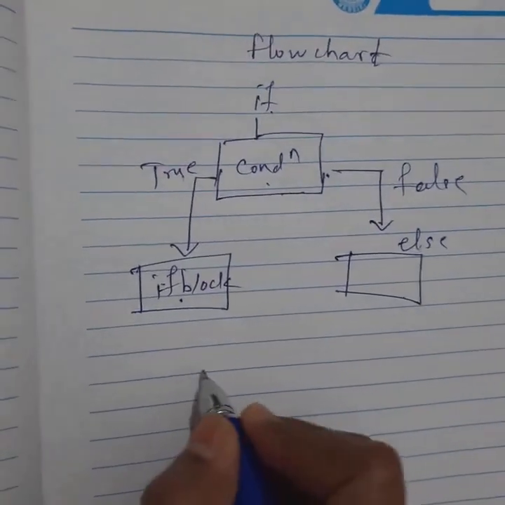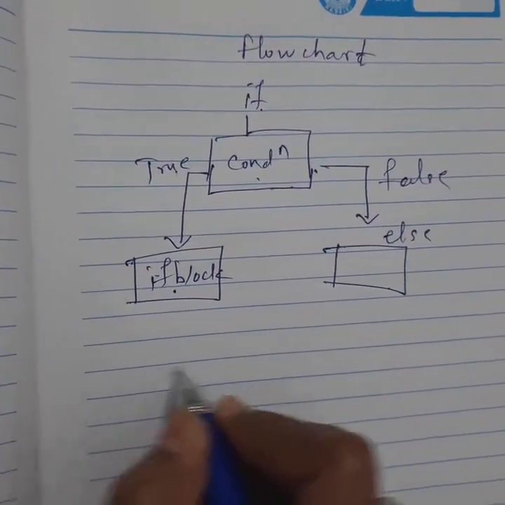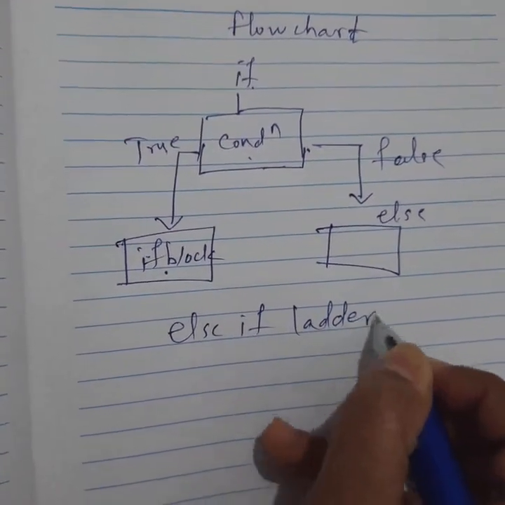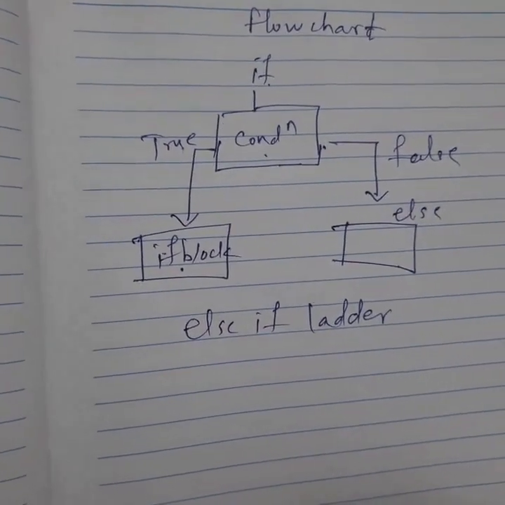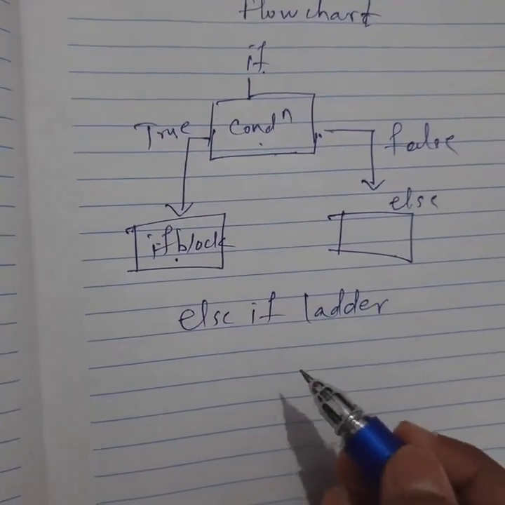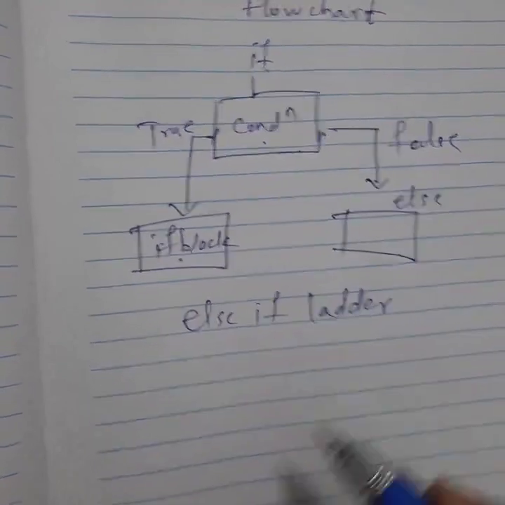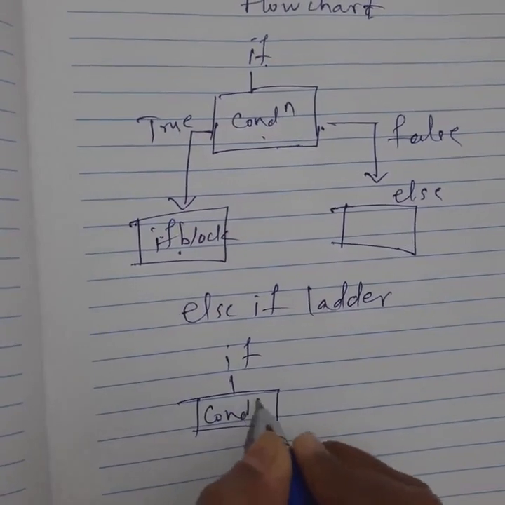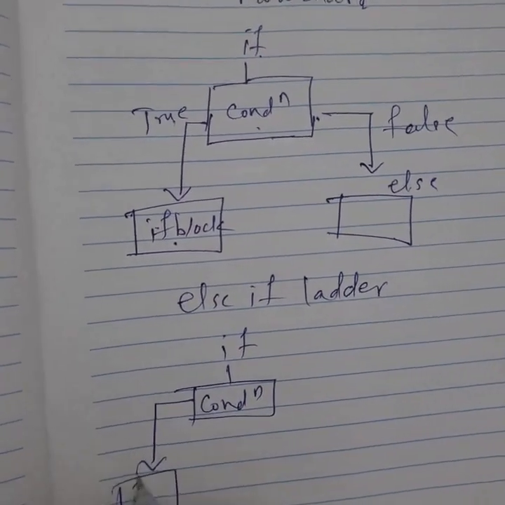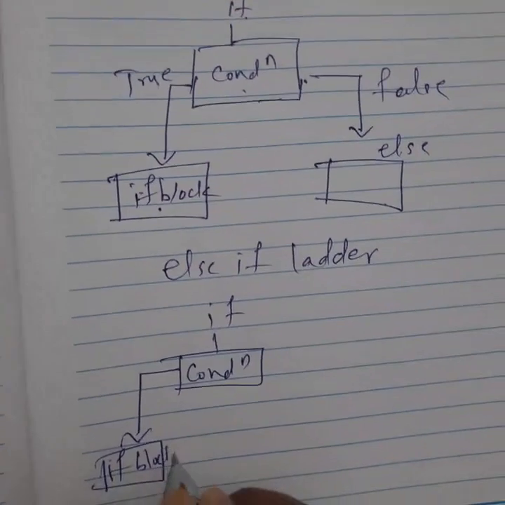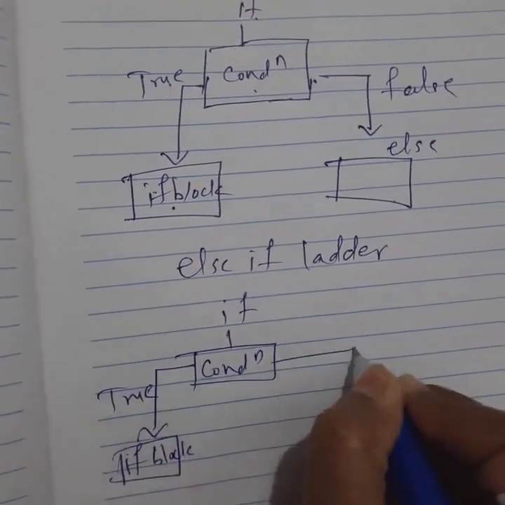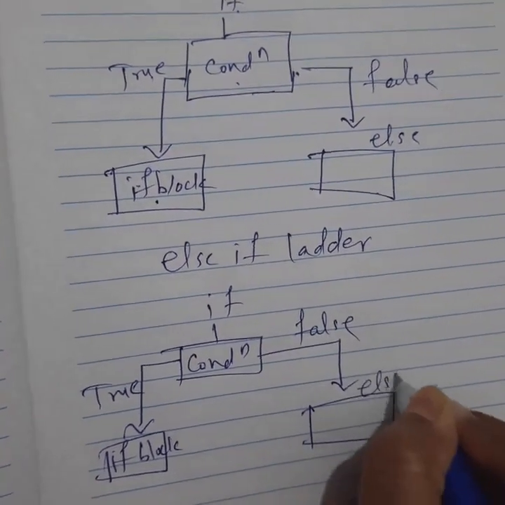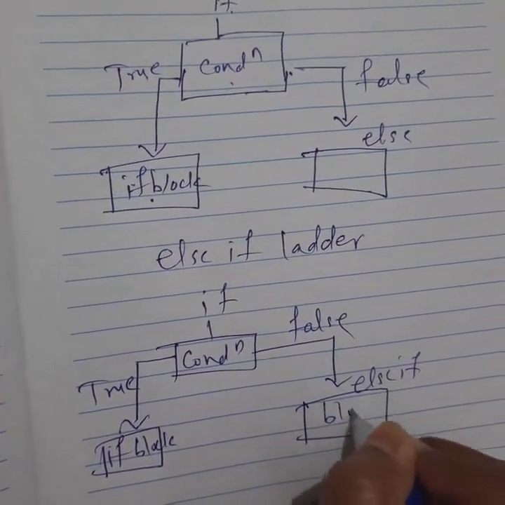The same applies to the else if ladder. It is called a ladder because else if will come 2-3 times, and because of that we call it the else if ladder. Here the starting is the same. If the if condition is true, the if block will execute, and if this condition is false, the else if block will be used.